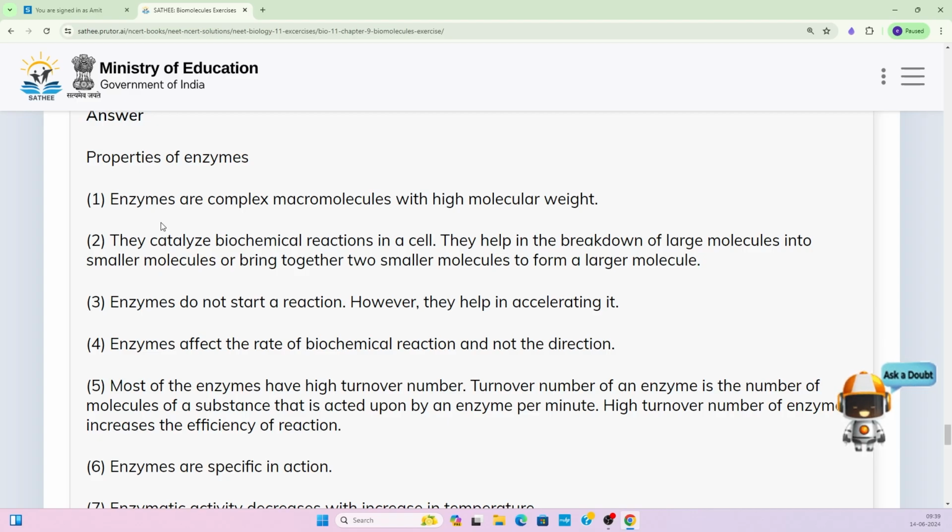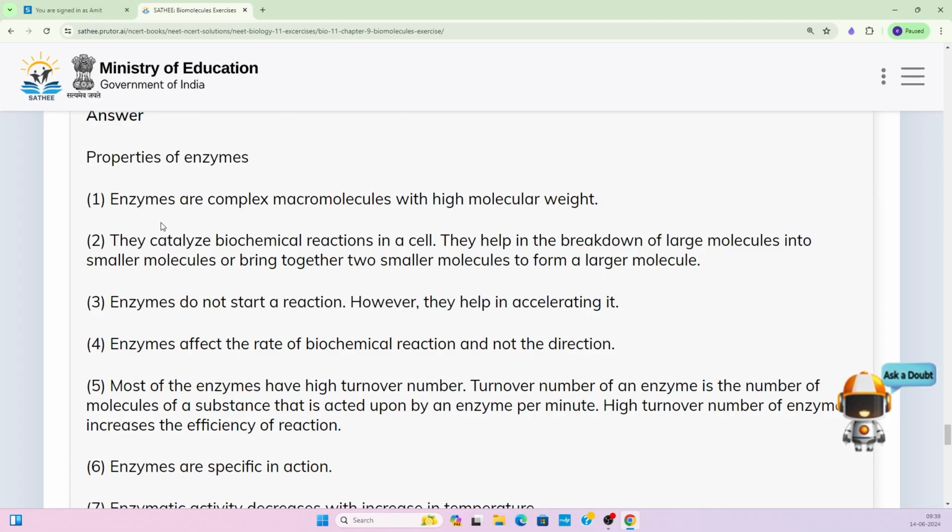Second, they catalyze the biochemical reactions in a cell. So when they are present in the cell, they are helpful to catalyze the different biochemical reactions. They help in the breakdown of large molecules into smaller molecules, or bring together two smaller molecules to form a larger molecule. So sometimes molecules are broken down into simpler forms, whereas two simpler molecules can join together to form another complex molecule.